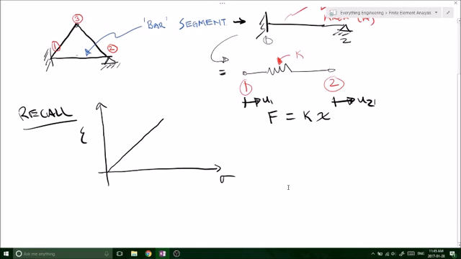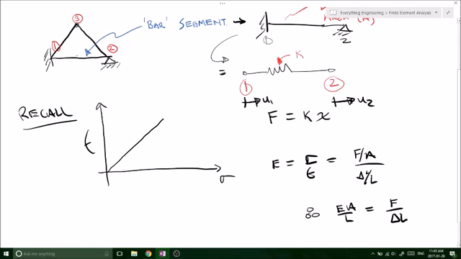So from this diagram we know that E is equal to sigma over strain, which is (F over A) over (delta L over L). So this is our strain, this is our stress.